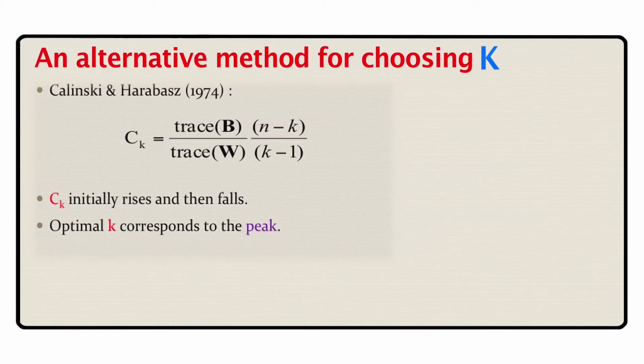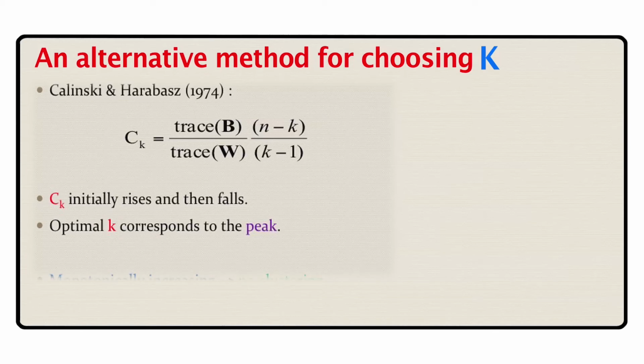Why is this? Because the trace of B would be increasing as you increase the number of clusters, and the trace of W would be decreasing with the number of clusters. Whereas if you increase K, then n minus k would be decreasing and k minus 1 would be increasing.